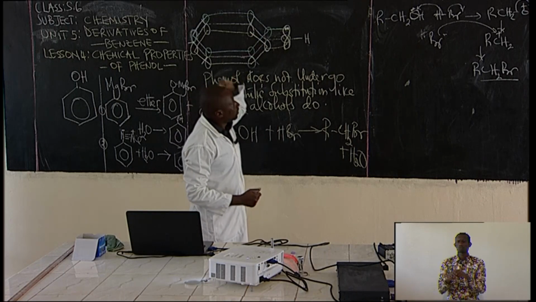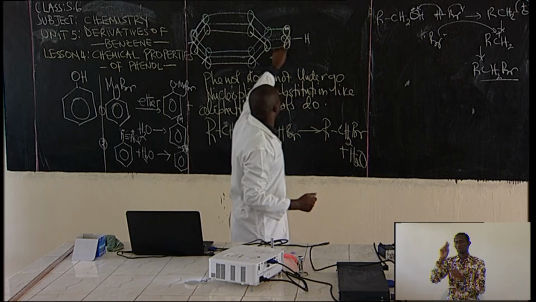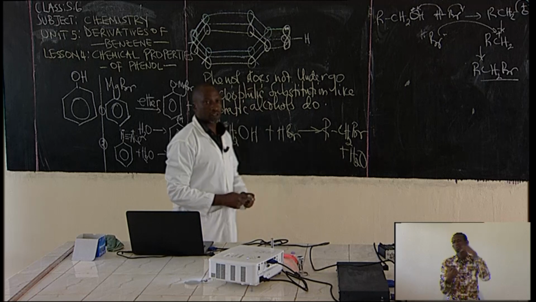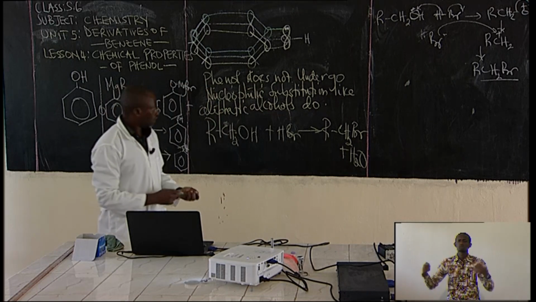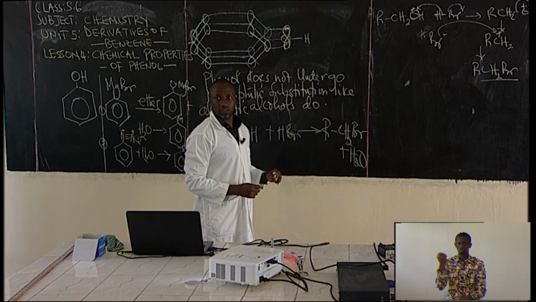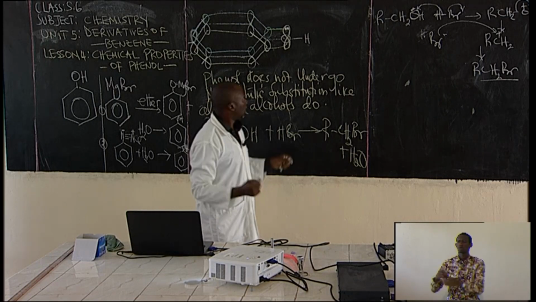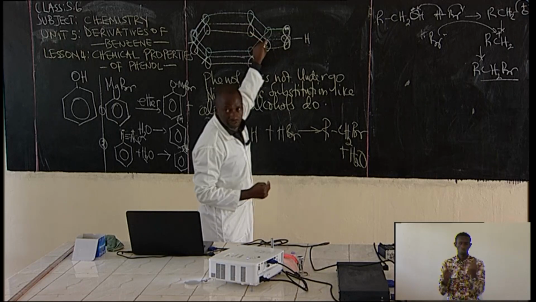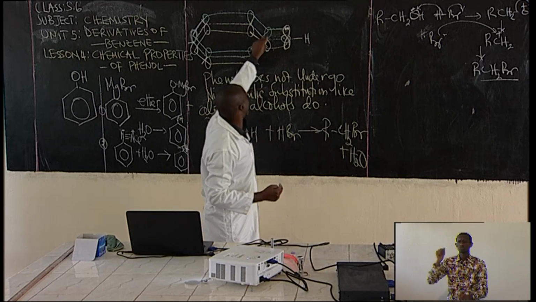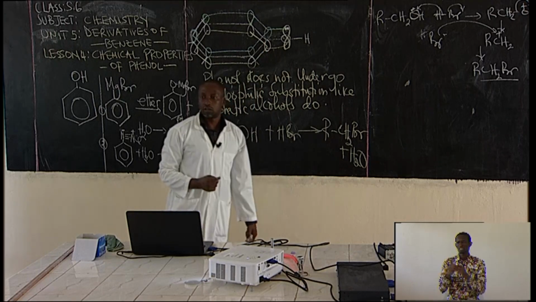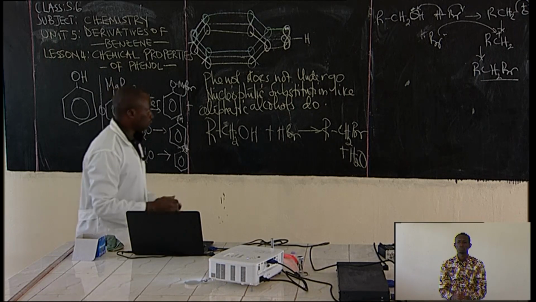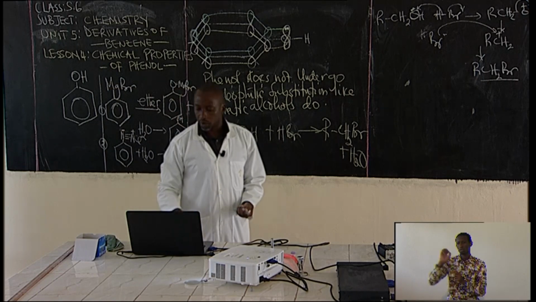And therefore that explains why the phenol cannot undergo the same reaction as alcohols, because of the strong double bond that is formed, and two, because the positive charge that is formed on the carbon atom is stabilized by the delocalized pi electron system. Those are two. So we'll go and talk about the structure.